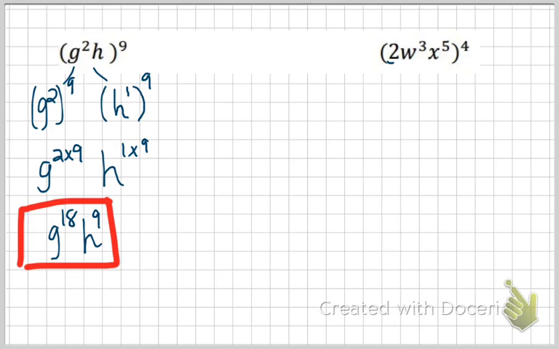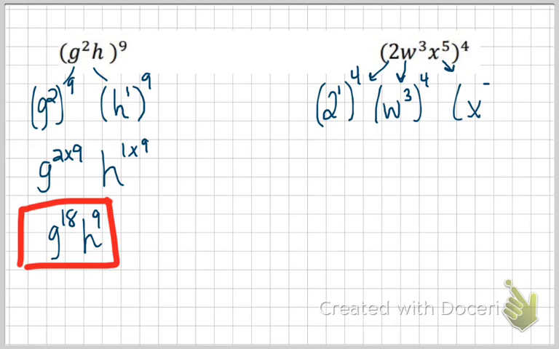Next problem, of course, we had to keep expanding a little bit more. So I'm going to separate all these three things. So this is 2 that has a power of 1 raised to the power of 4. Then we have w to the power of 3 raised to the power of 4. Then we have x to the power of 5 raised to the power of 4.